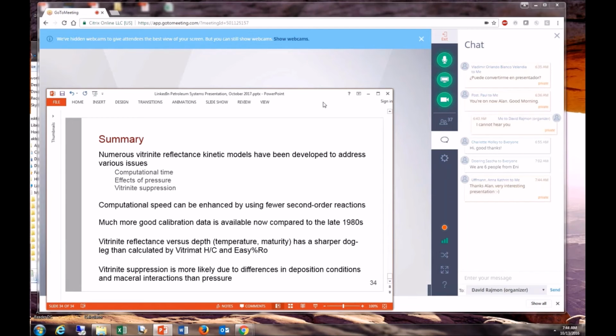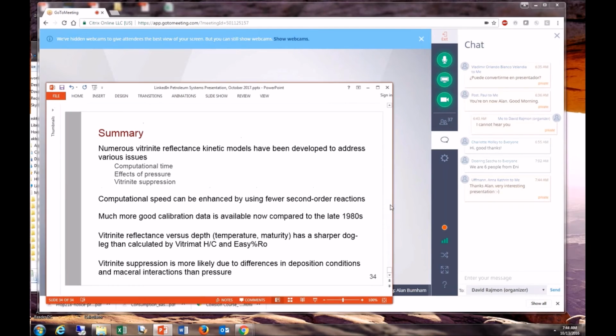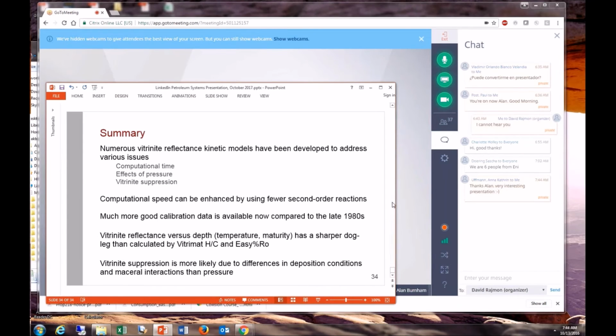There was a paper in a presentation by Paul Hankley in Calgary that essentially showed that Vitrinite from different sources had different maturity, reflectance versus time and temperature.